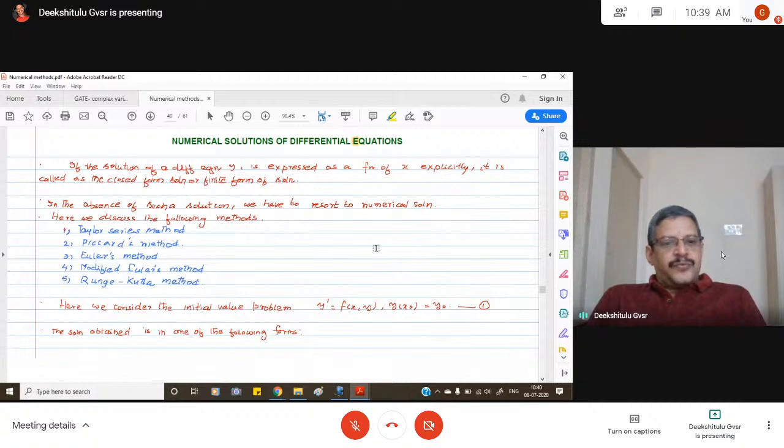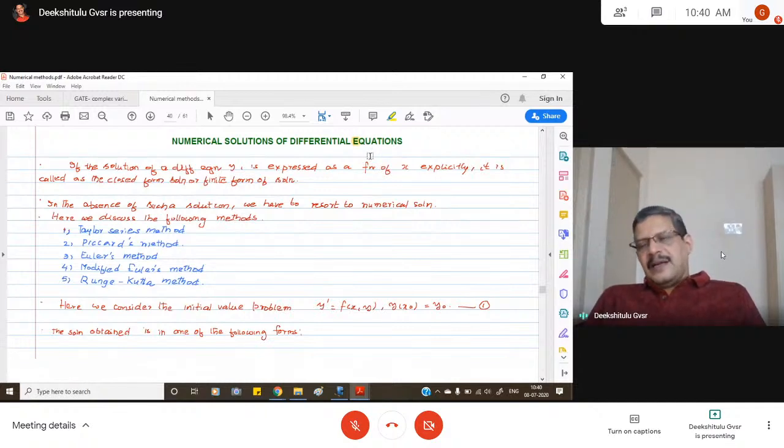If the solution of a differential equation y is expressed as a function of x explicitly, then it is called the closed form or finite form of solution. So this is what we did in differential equations, closed form solutions.